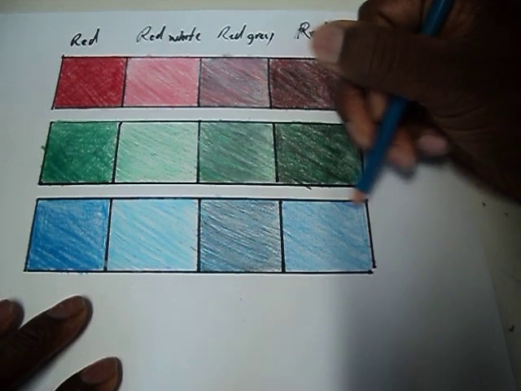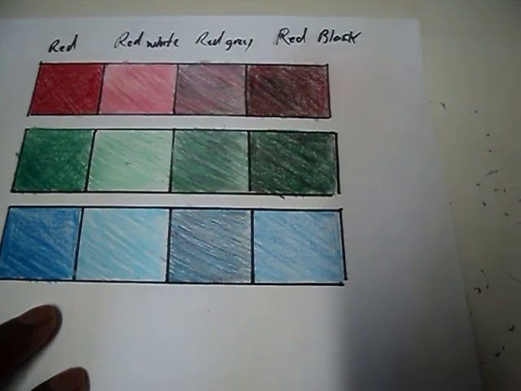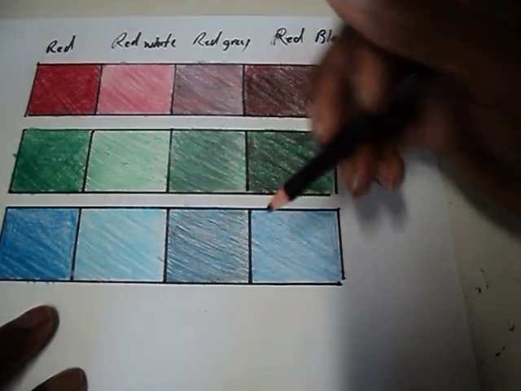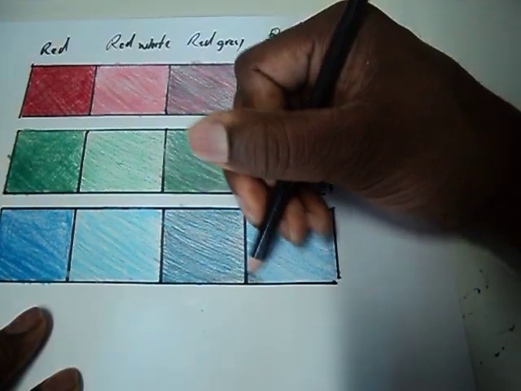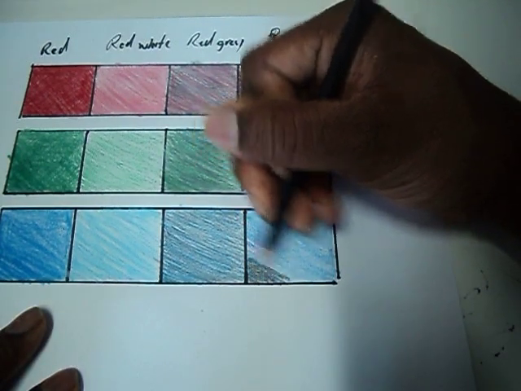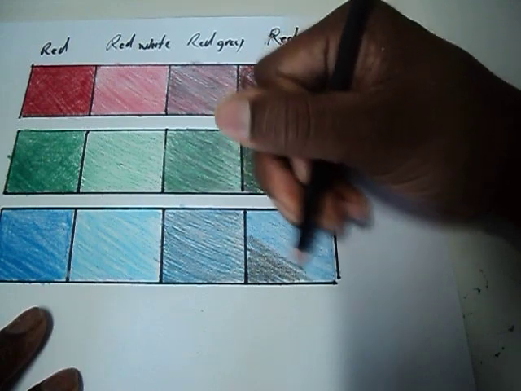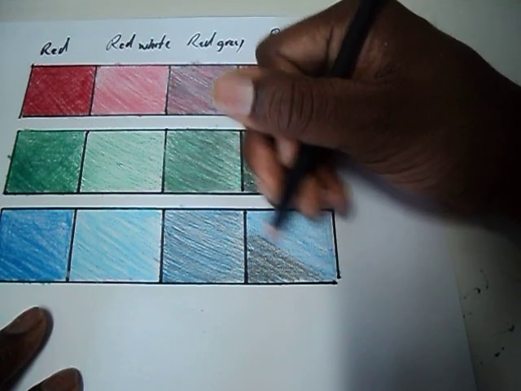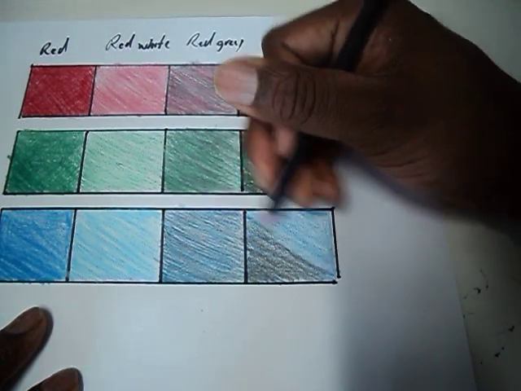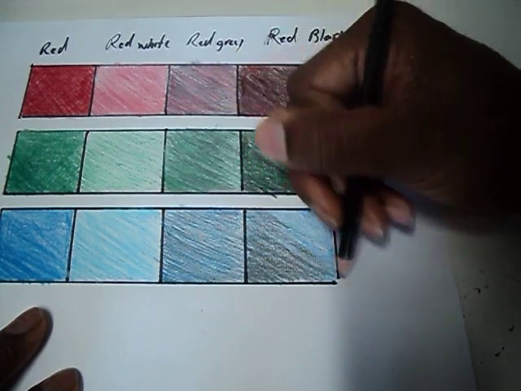We just fill all that in. So we got our blue right there. Now we'll take our black, and then there we go. We're going to add that black on top to make a really dark blue.